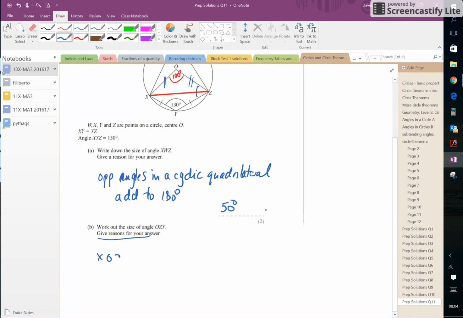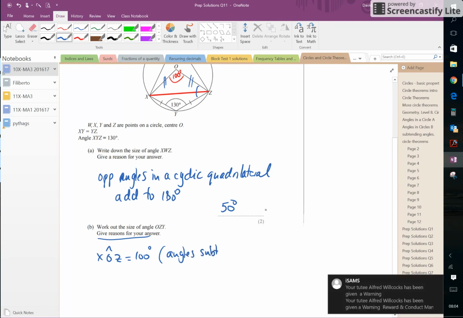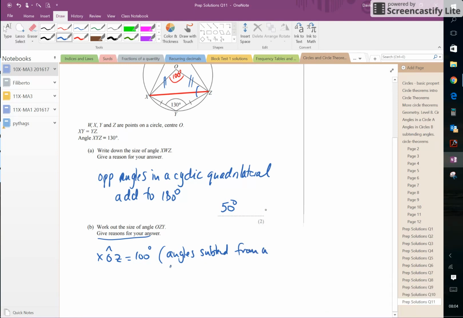So XOZ is 100 degrees, and that reason is that angles subtended from a chord to the center are double that to the circumference.